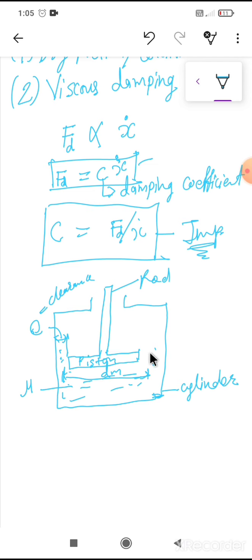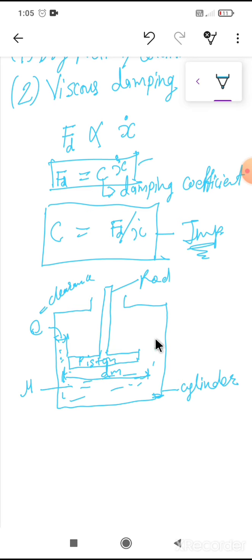And damping is produced due to the pressure difference on the two sides of the piston, because there will be low pressure and high pressure, as there is more fluid here and less here. So due to this pressure difference also, damping can be produced.